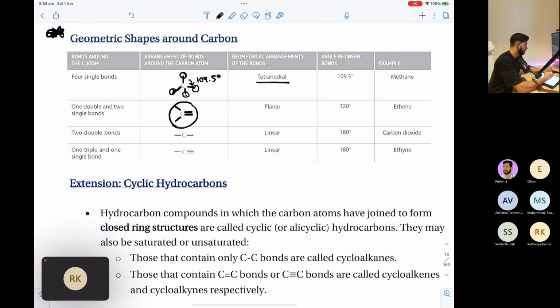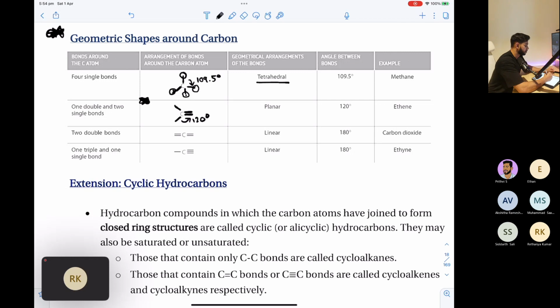Can you all see that? Like a pie. And if you chop a pie into thirds, the angle between is 120 degrees. That is a bond angle, and it's called a planar arrangement, according to VSEPR theory. So remember, the bond angle is 120 degrees. This is probably the most high-yield bond angle.